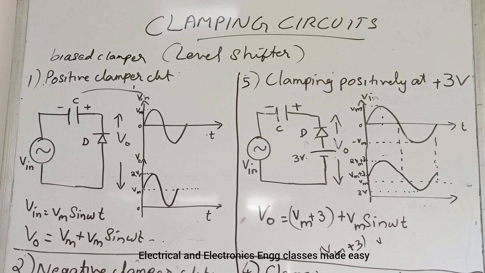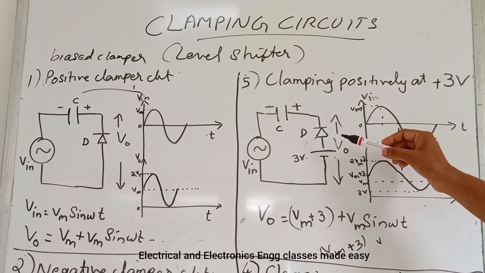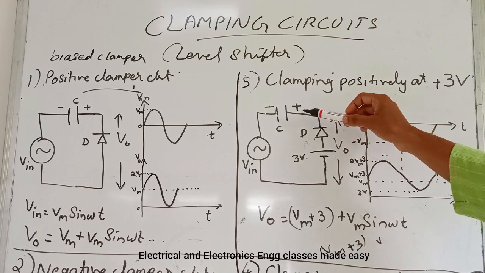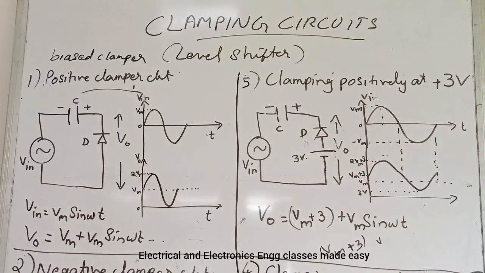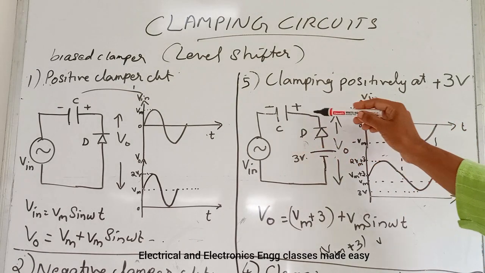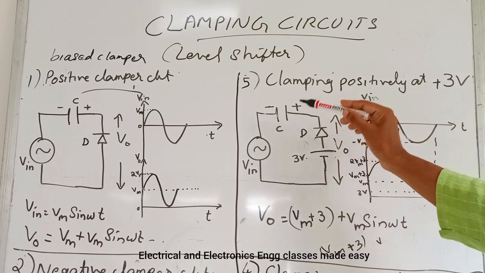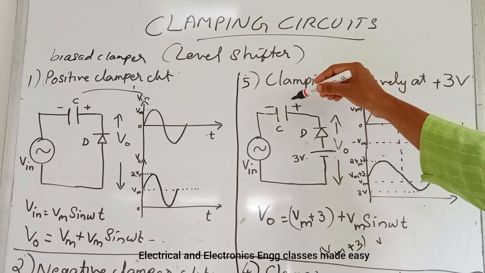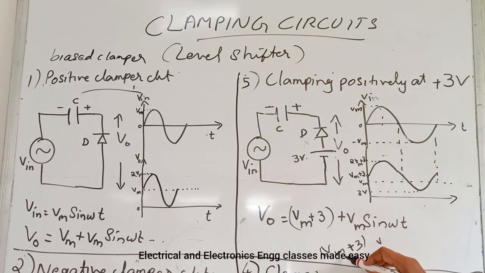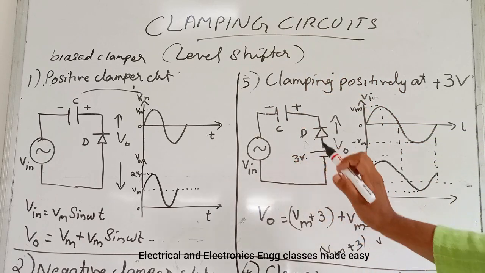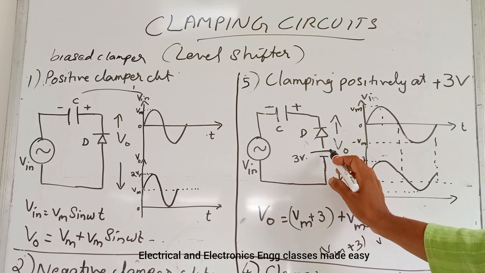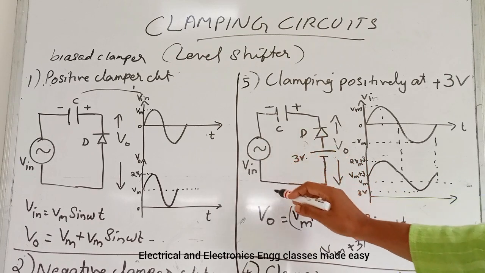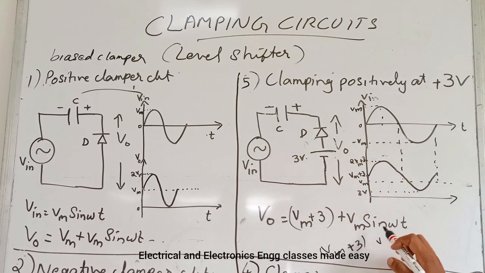So here this is the circuit diagram, and here during the negative half cycle the capacitor charges. So capacitor charges to the voltage Vm plus 3, because this is minus plus, so capacitor charges to Vm plus 3 volt.